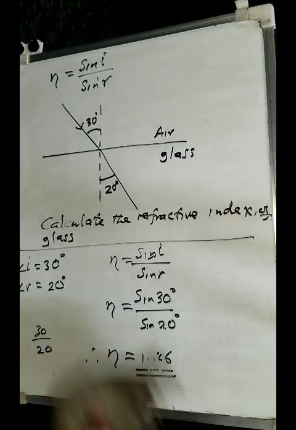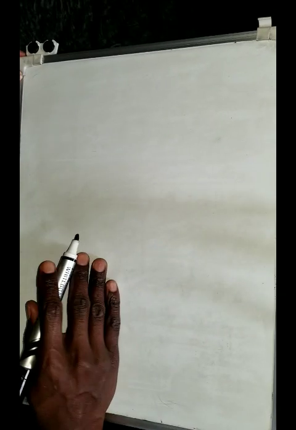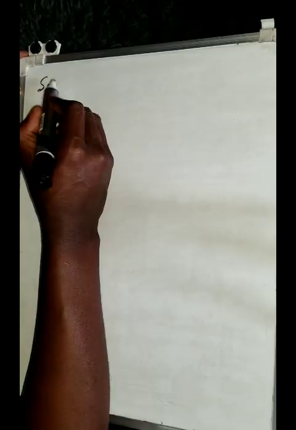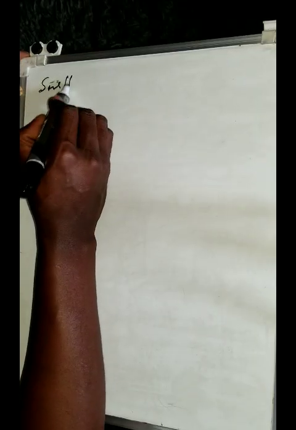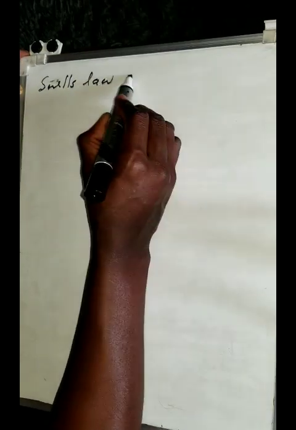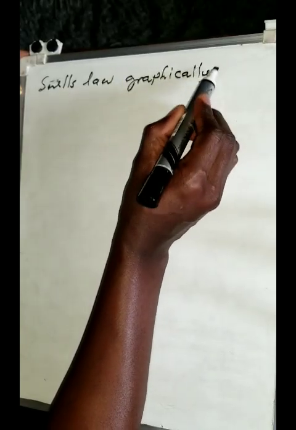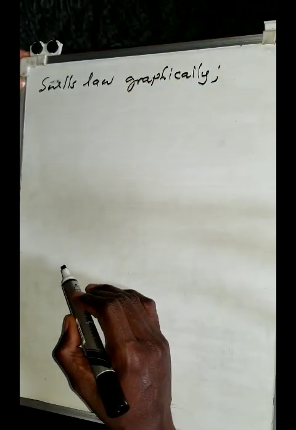Now, this Snell's law that I was talking about, in most cases you are going to be carrying out an experiment, or it is going to be coming in your exam. So I can simply say Snell's law graphically. Suppose they wanted to illustrate Snell's law graphically. How is that going to be?